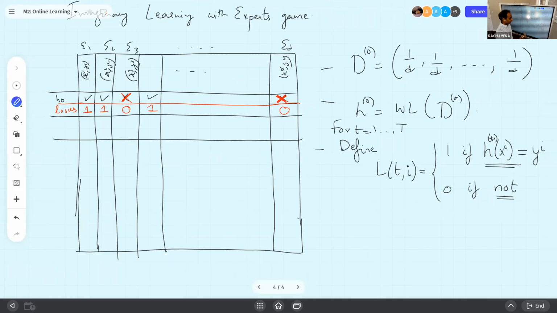It's 1 if I'm correct, 0 if not, so that I bump up the weight of the things that I was wrong on. And then you just update.